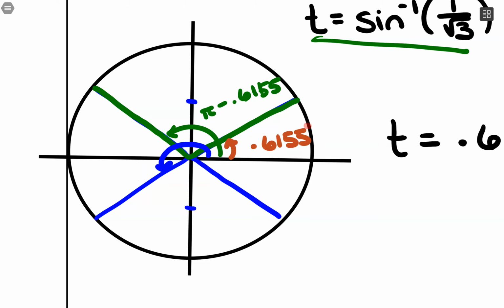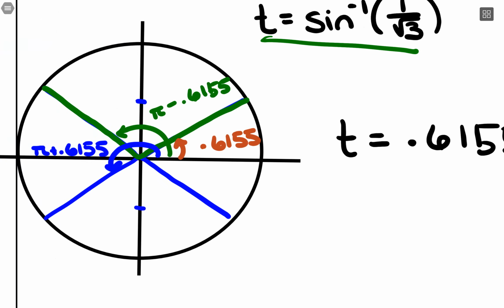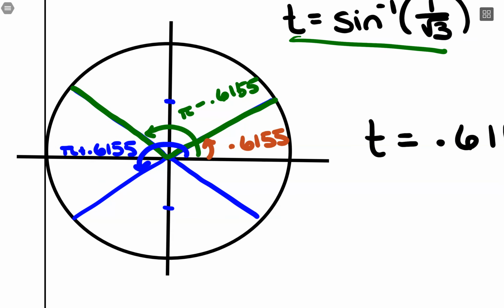You could also get there by taking 0.6155 plus pi. If you see that 180 degrees that's formed, it's the same exact thing. So this is coming from pi plus 0.6155, which would give us 3.7571.